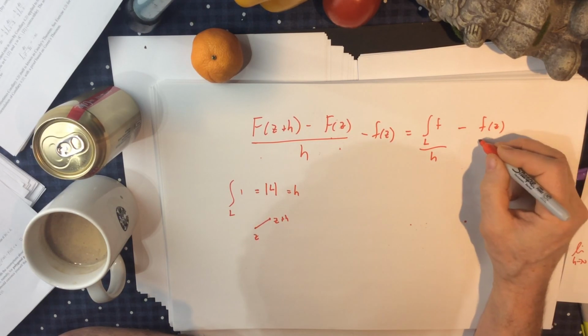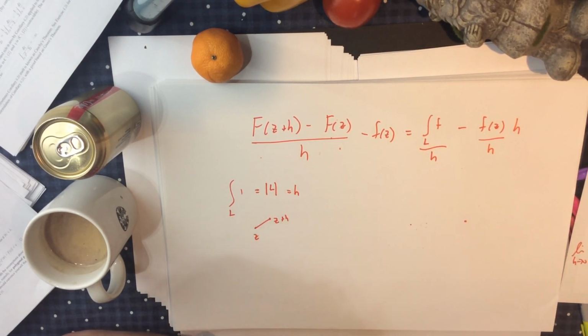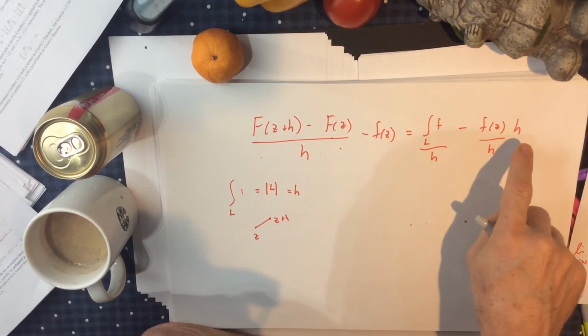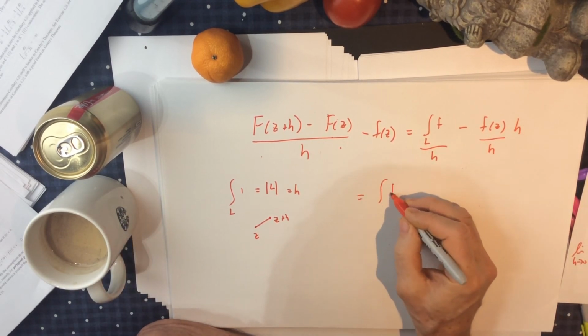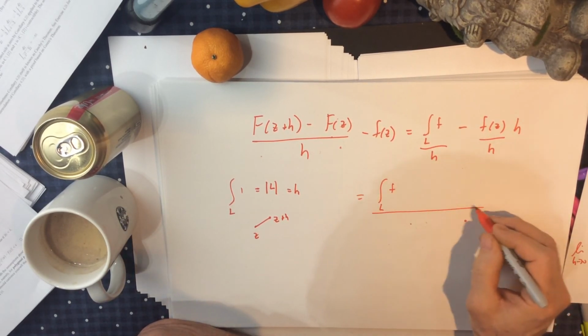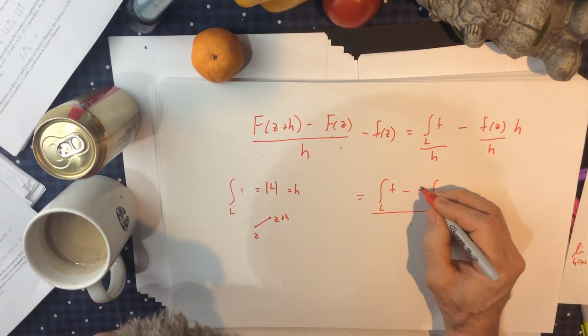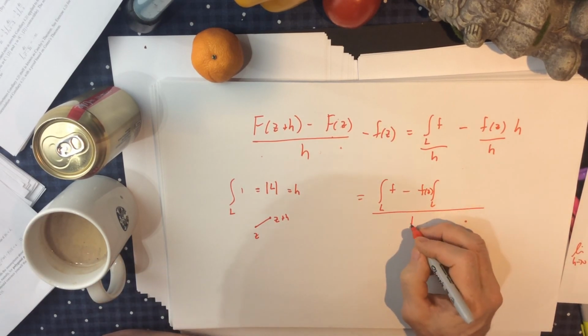If I get a common denominator here and put an h and an h here, I can now say that I did this integral to get that h. So I'm going to replace that with an integral and write the integral of f over the line segment L minus the integral with f of z in front over L of 1, all over h.